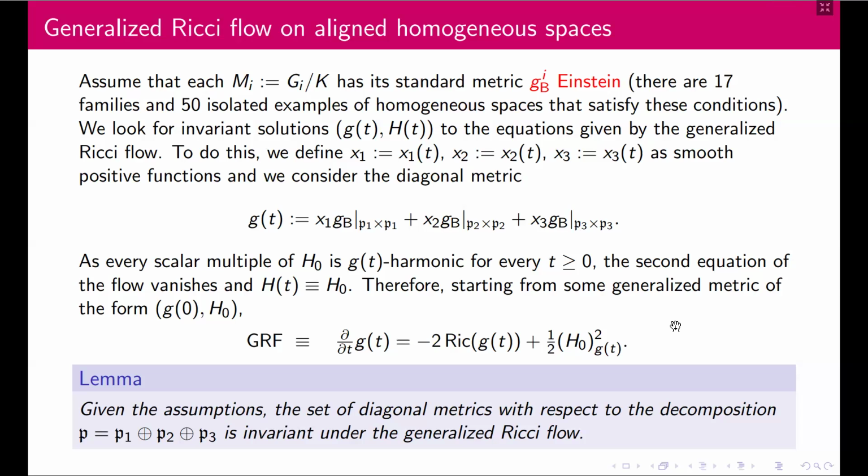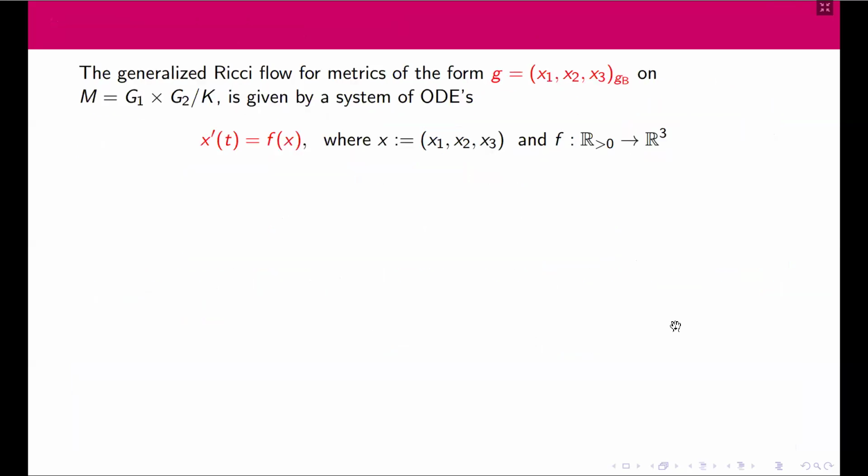So in terms of dynamical systems, the generalized Ricci flow for metrics of this form can be given as a system of ODEs. Here X represents the smooth functions that flow the metrics, and F the equations given by the flow.